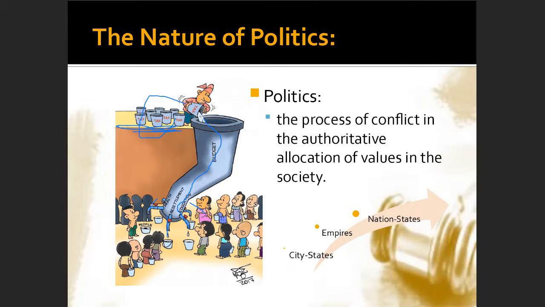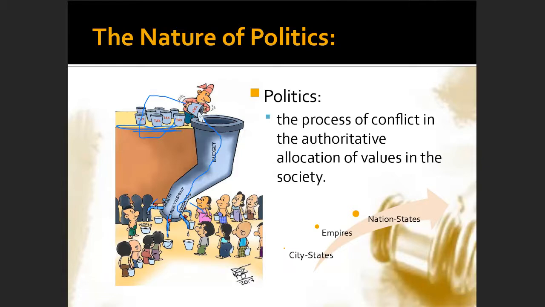So politicking is basically making sure that everybody will have something according to the authority that is put into power. Okay? And let us go to the next concept. So now we know the nature of politics. For as long as there is conflict, we know that there is politics. And for as long as there are limited resources, then we know that there would be politics.